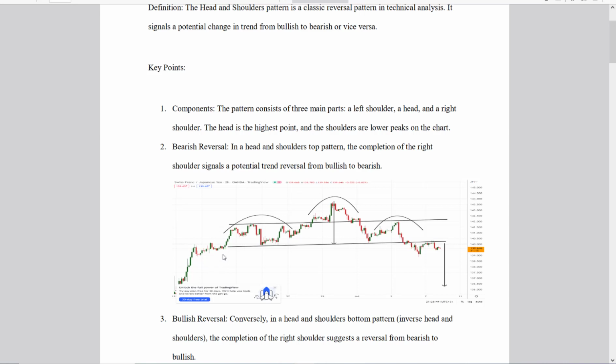For uptrend, there's a consecutive formation of higher highs and higher lows. For downtrend, there's a consecutive formation of lower highs and lower lows.